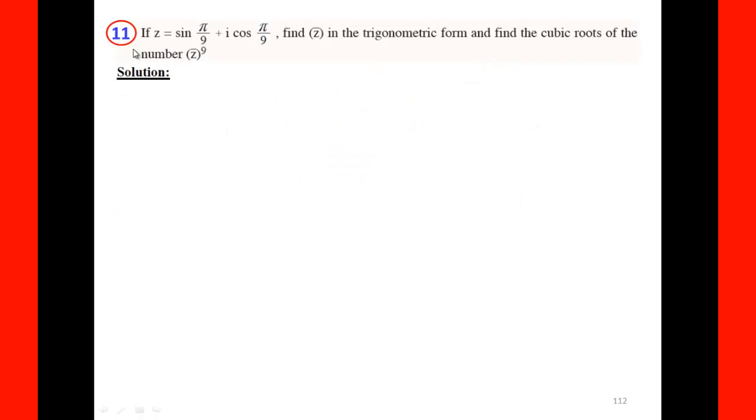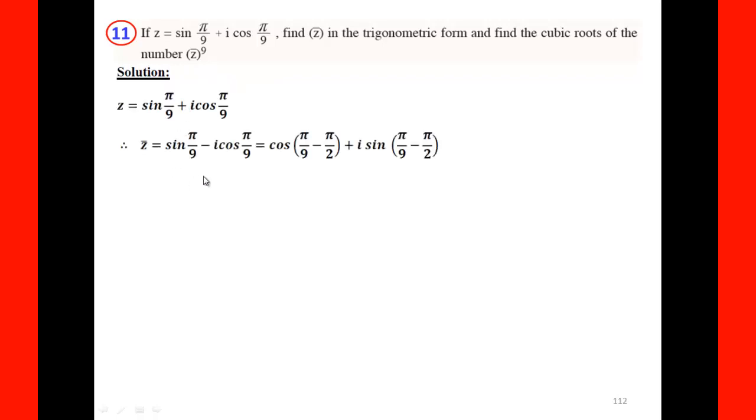Question 11. If z equals sine pi over 9 plus I cosine pi over 9, find z bar in the trigonometric form and find the cubic roots of the number z bar power 9. Z equals sine pi over 9 plus I cosine pi over 9.